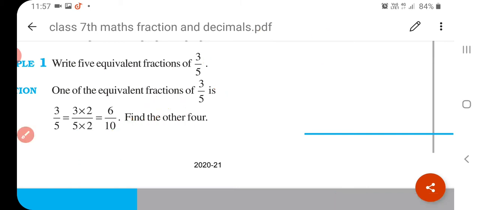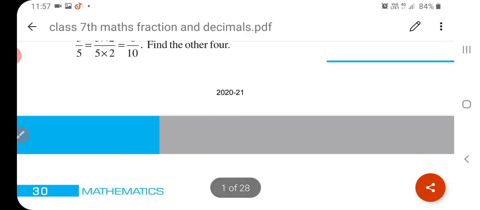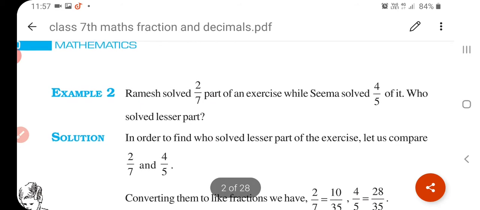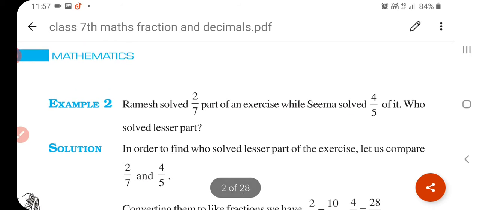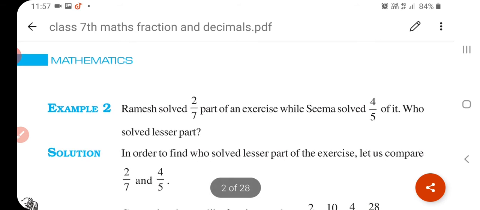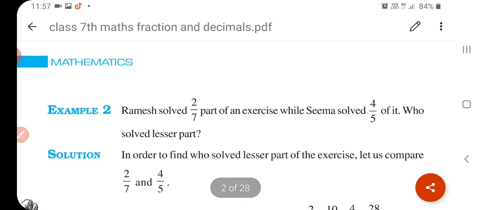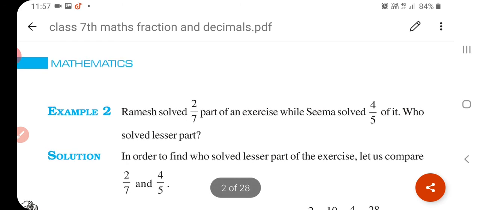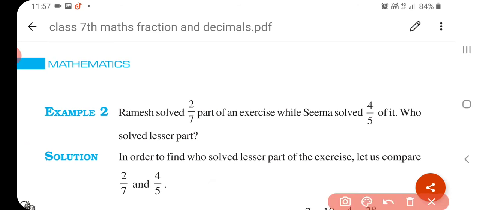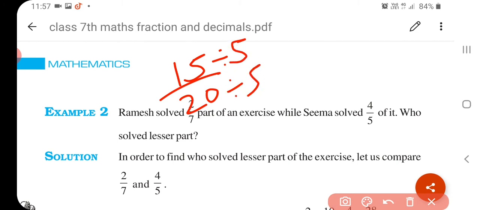Okay, understand? First method you have to find by multiplying. And again, if you want to find a fraction, if numerator and denominator have a common factor, then you have to divide by that common factor, and then find the equivalent fraction. Suppose the number is 15 by 20 and you want to find the equivalent fraction of this. You easily see that there is a common factor of 5.